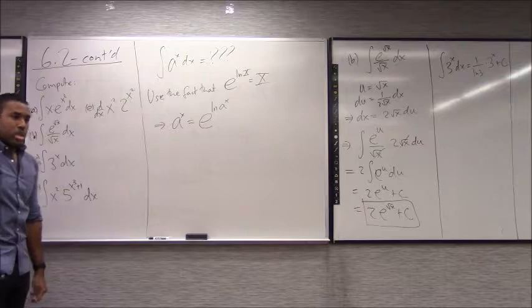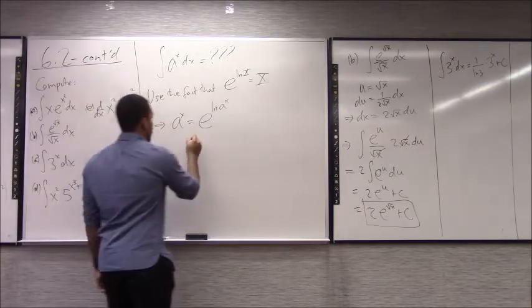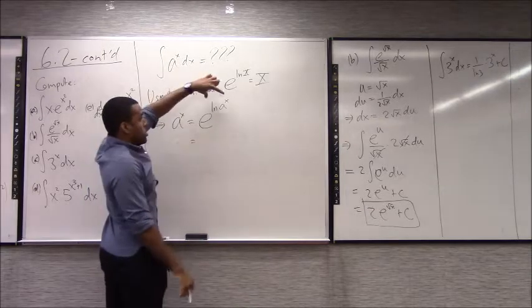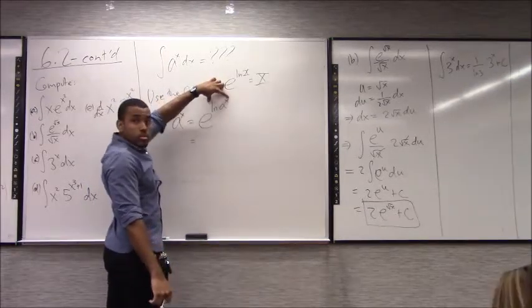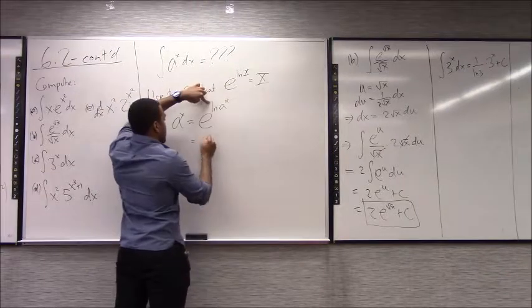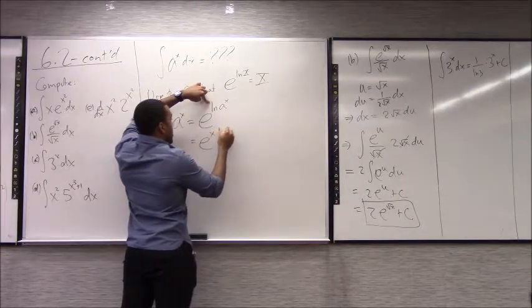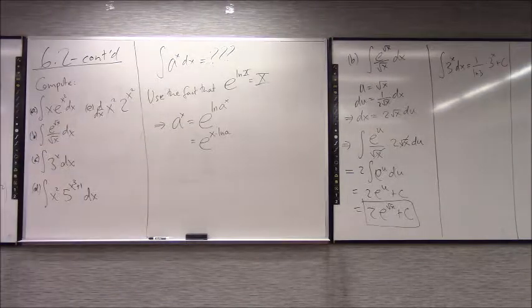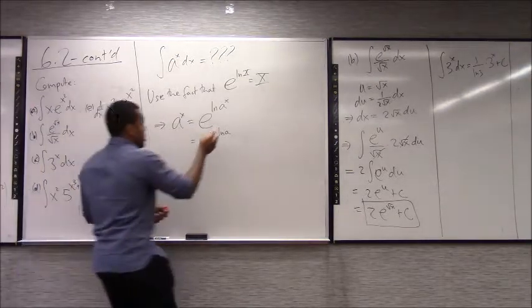Now that seems to make things more complicated. However, we can actually simplify the power, right? What can I do with the power according to the log rules? The x can come down in front, so that's just e to the x times ln a. Now what you need to remember about ln a is if a is a constant, ln a is a constant.